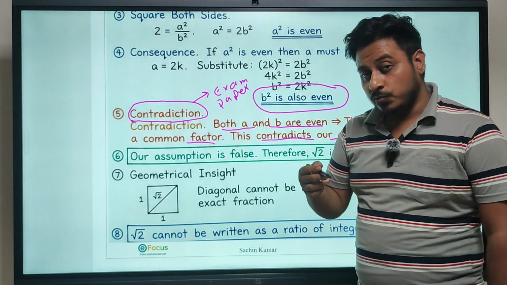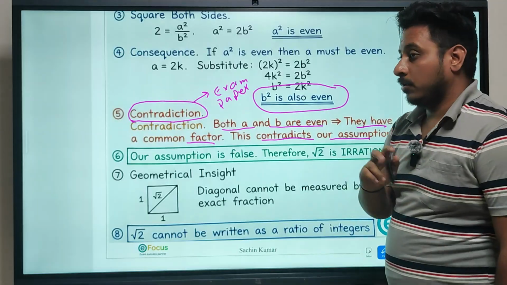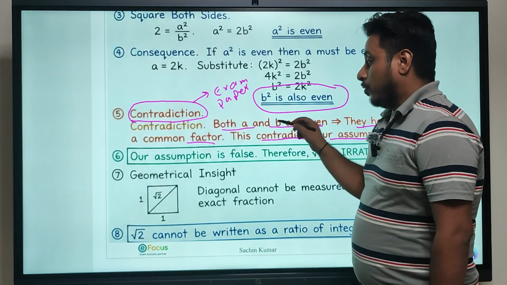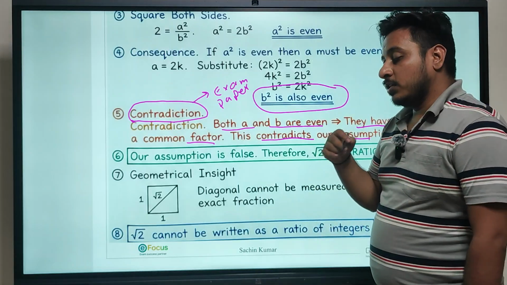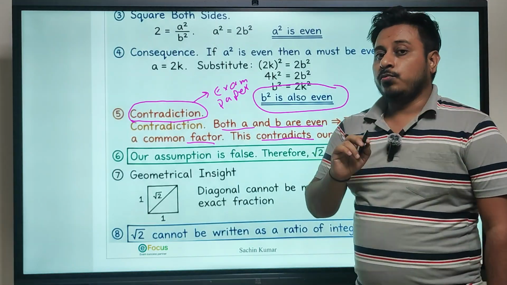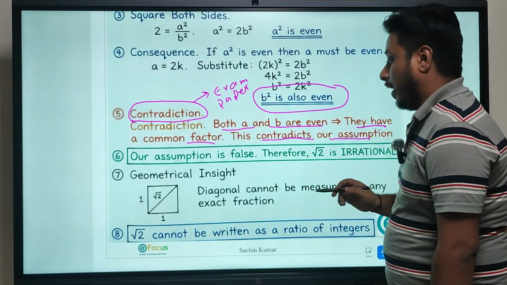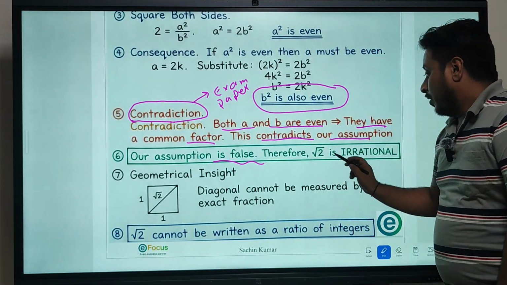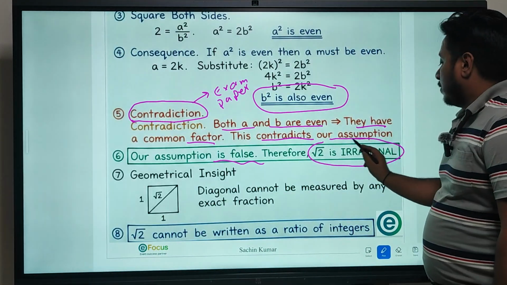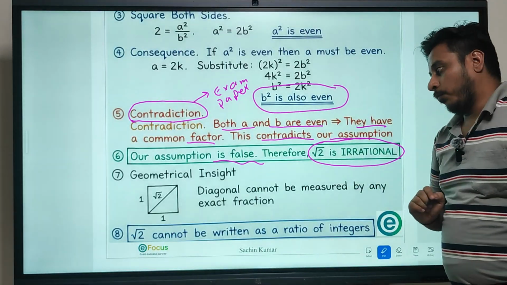We assumed that root 2 is a rational number, but because a and b are even numbers, this assumption is wrong. That's why our assumption is false, and therefore we can say root 2 is an irrational number. I hope you got my point.